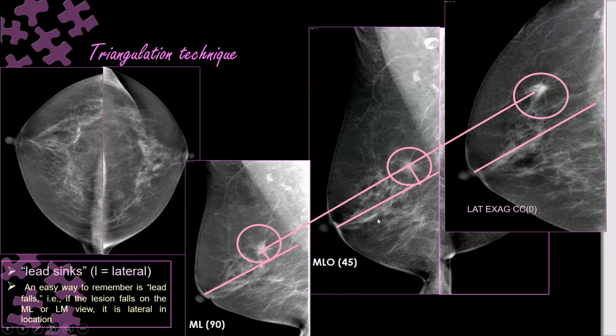The CC may be suboptimal, so even if I repeat it and still don't find the lesion on the CC, I would be in the same dilemma. So no, in this case I will not repeat the CC view. I will go for the extended lateral view.